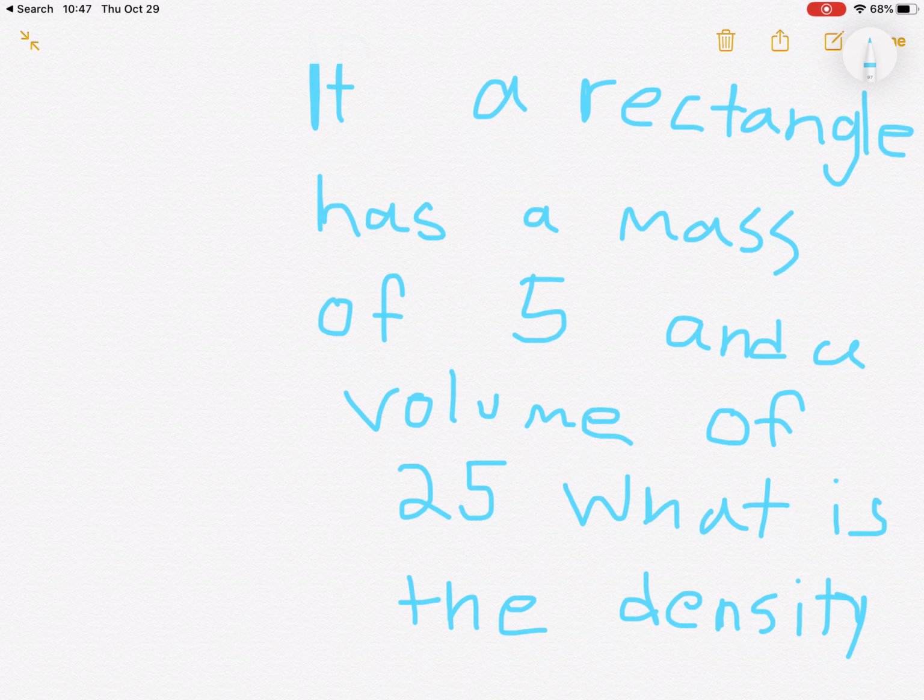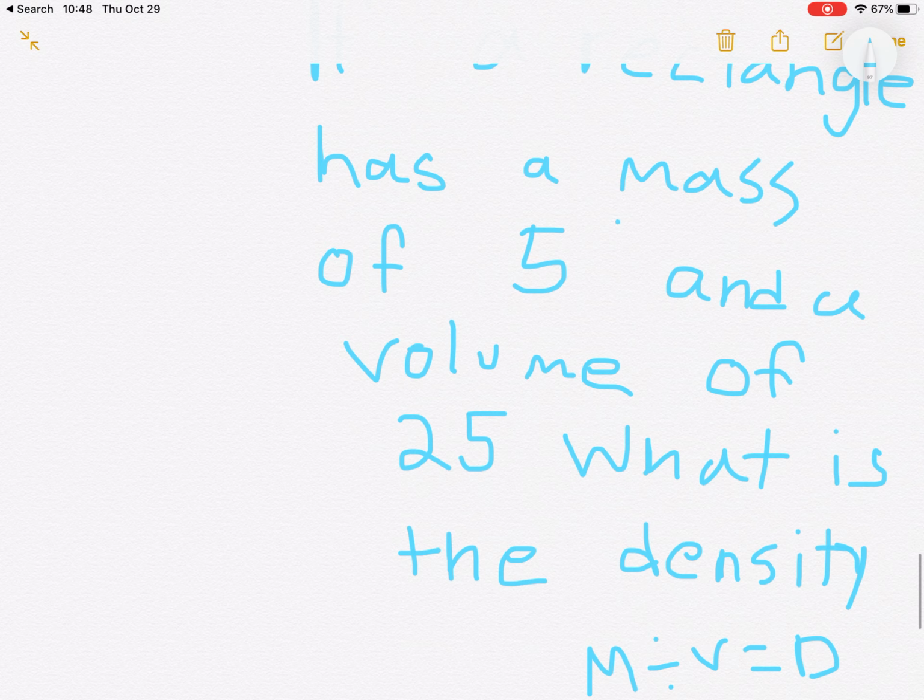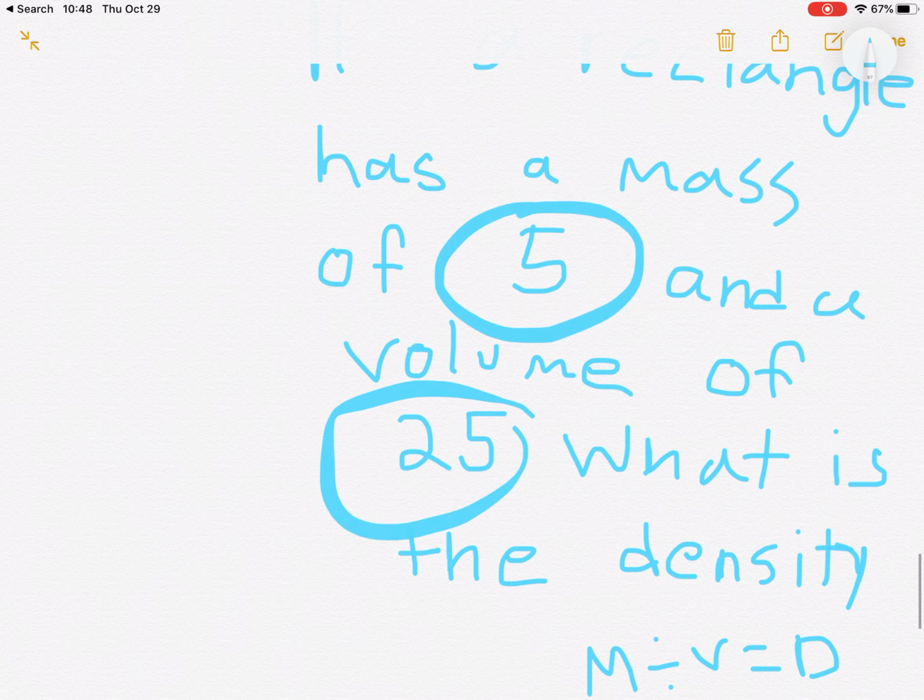So first, you write the little equation before you type it. Mass divided by volume equals density. We're going to collect our data, 5 and 25.